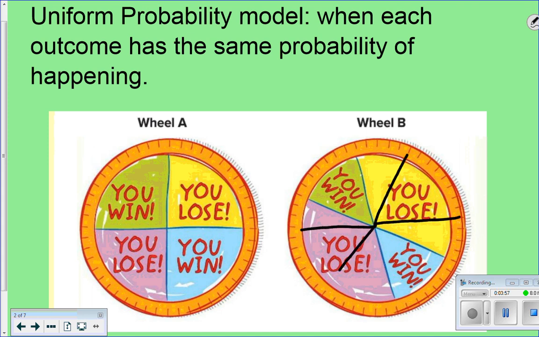And then how many more sections of you lose are there compared to you win? A lot. But if I look at this one, are each one the same size? I could just keep splitting them. And guess what? They're all going to be the same size. So the wheel on here that has the most uniform probability will be wheel A.